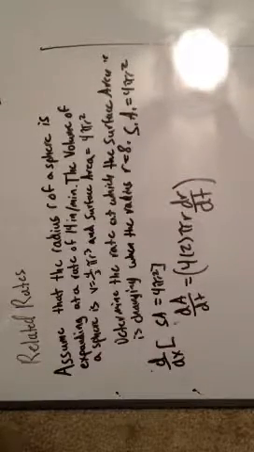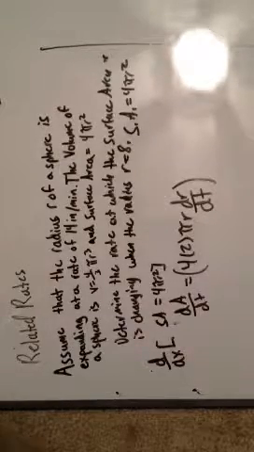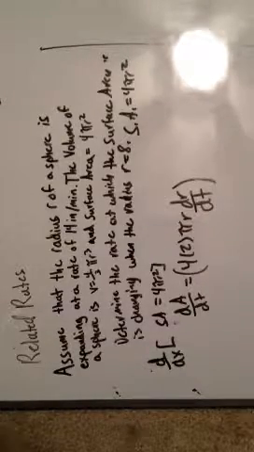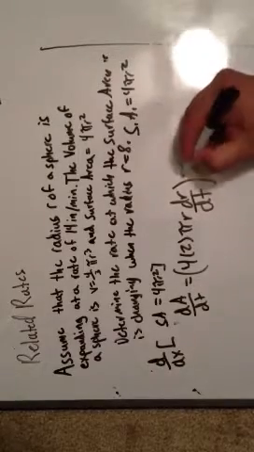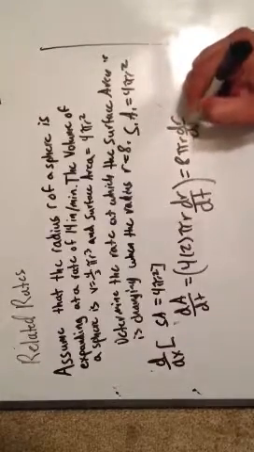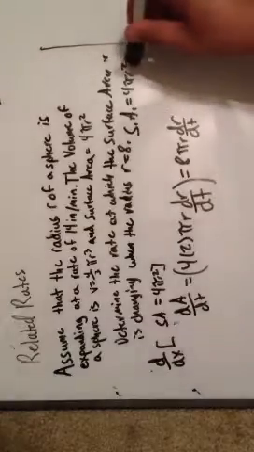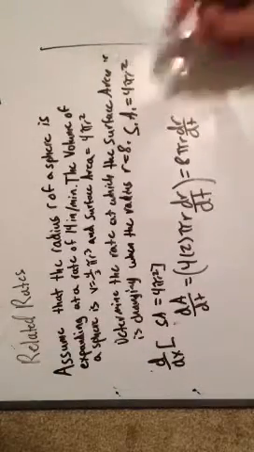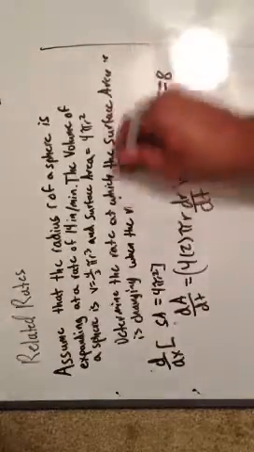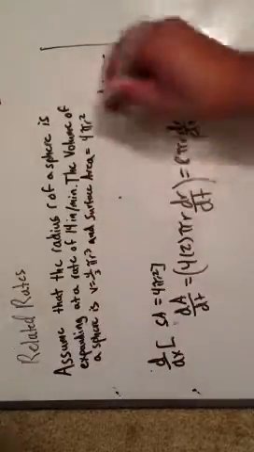We take the derivative using the power rule on the r squared, and that's going to move in front times 4. So then that's just going to give us 8 pi r dr dt, which is what dA dt equals. As a side note, r is equal to 8.